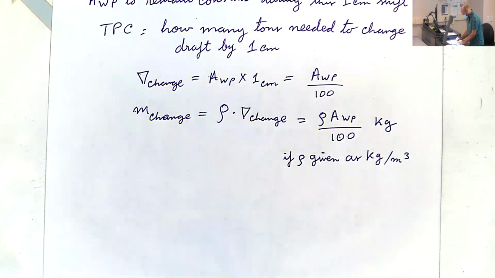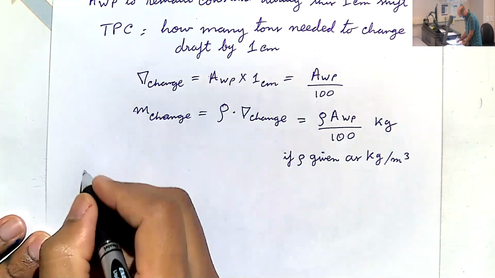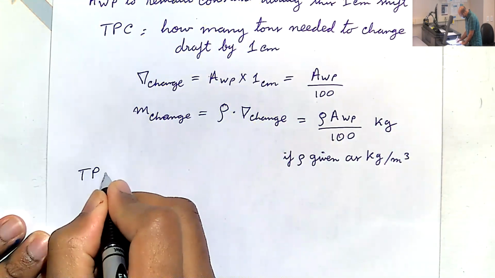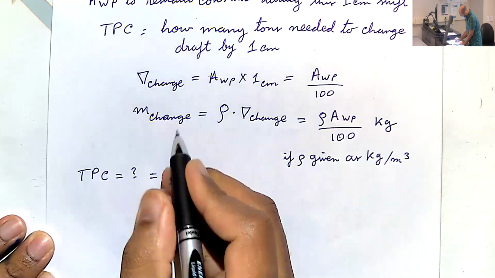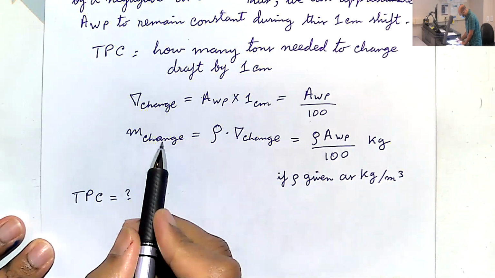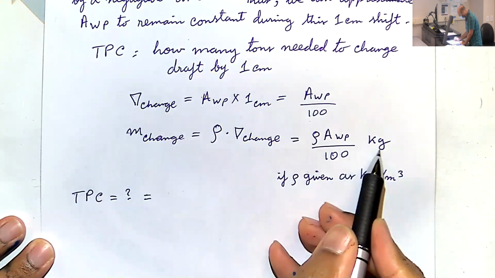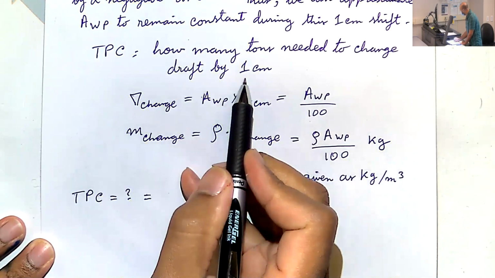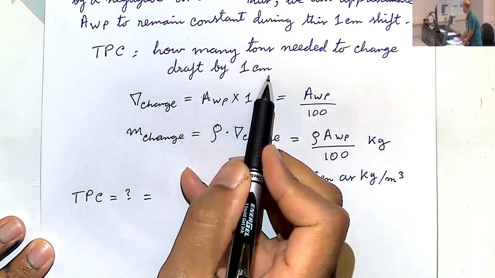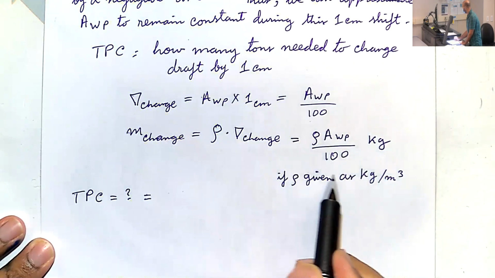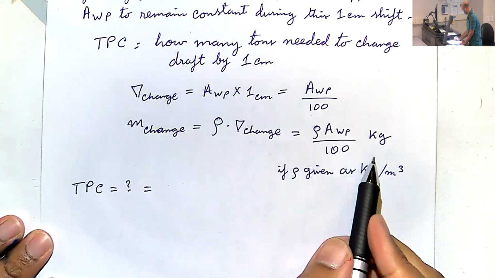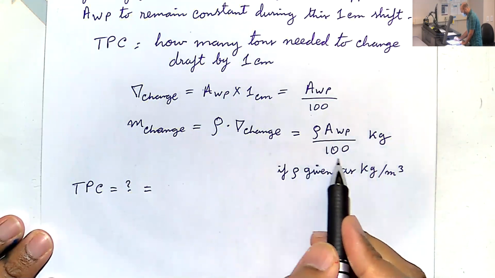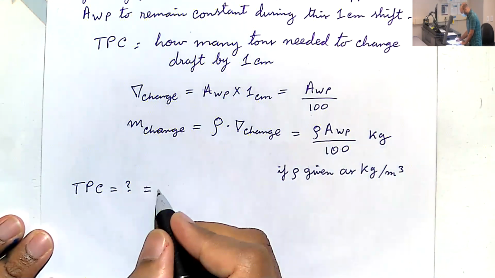Okay. So TPC is what? The mass required in kilograms to change the draft by 1 centimeter is this much in kilogram. So in ton, it's basically that kilogram divided by 1,000.